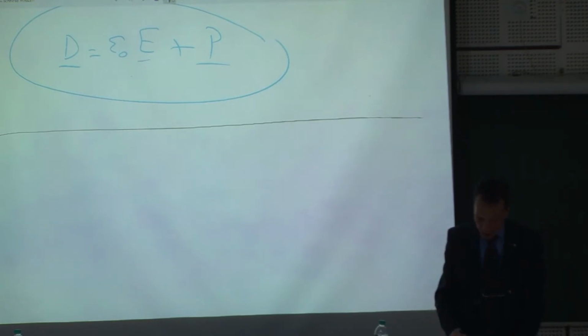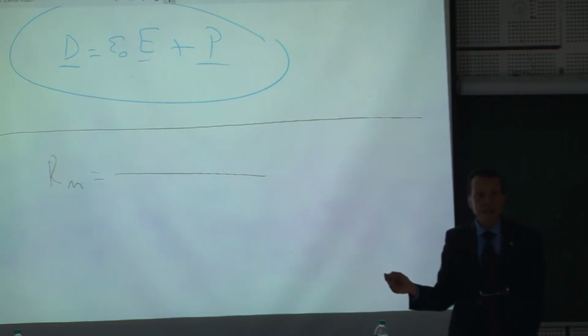Let us first consider what was Rn. Rn was defined as a local reflection coefficient between epsilon Zn plus 1 and Zn. So you have Zn plus 1 minus Zn divided by Zn plus 1 plus Zn.